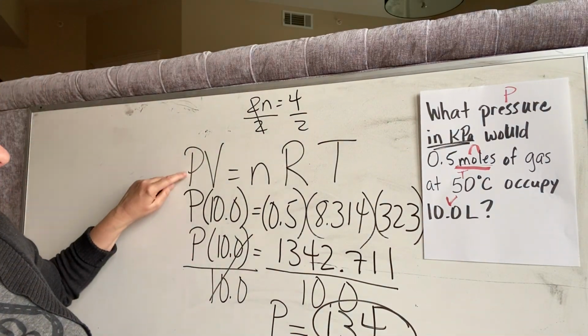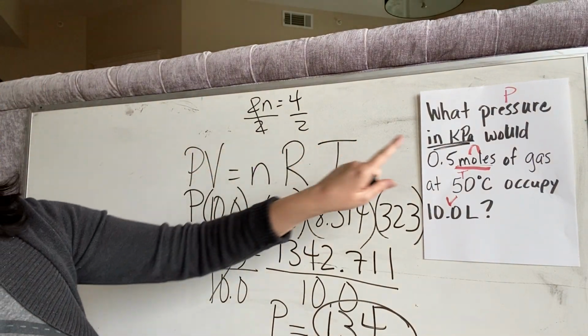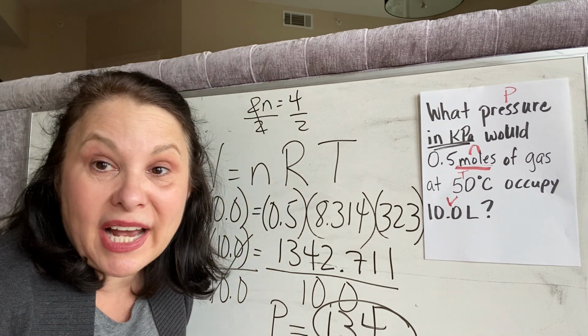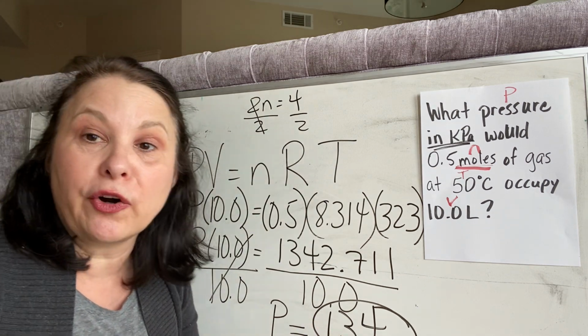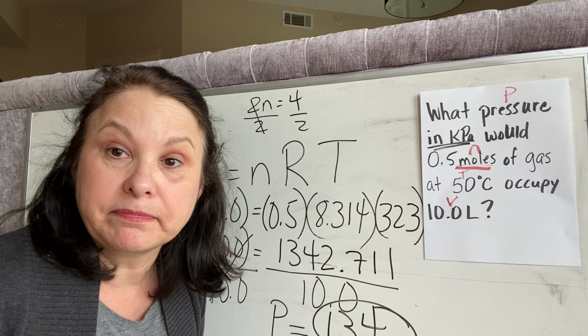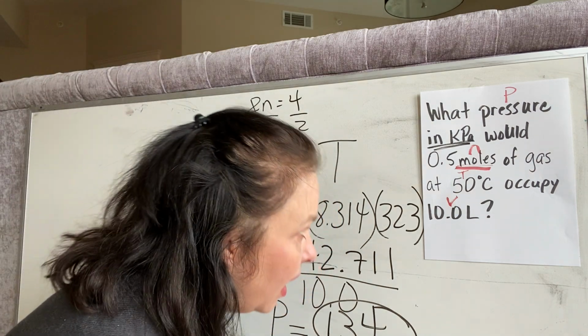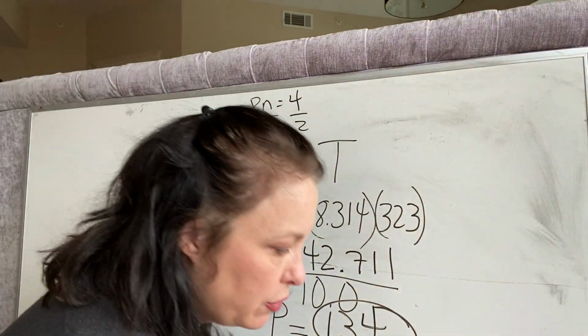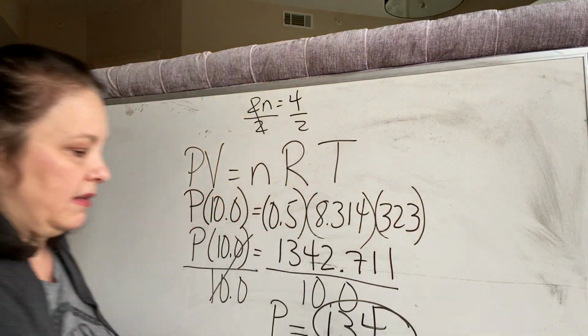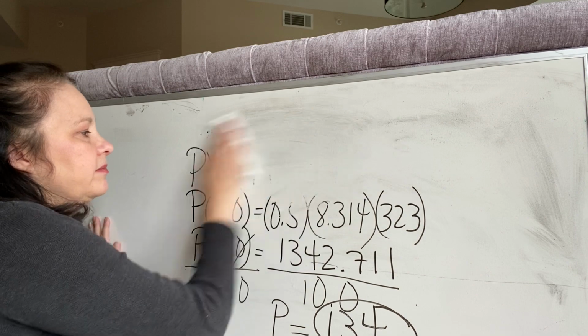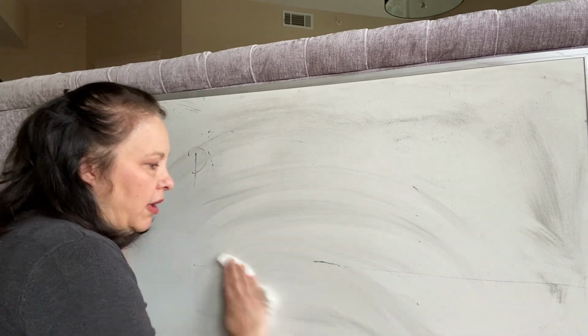And we were looking for pressure, and the problem told me it wanted kilopascals, so that's 134 kilopascals. Okay? So that is an example using that formula there. So let's move forward. All right, to our next problem.